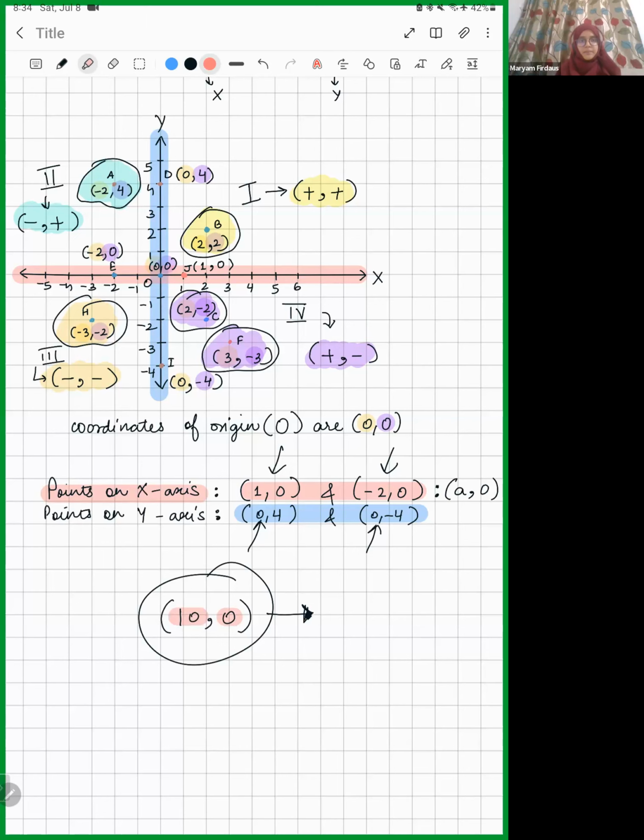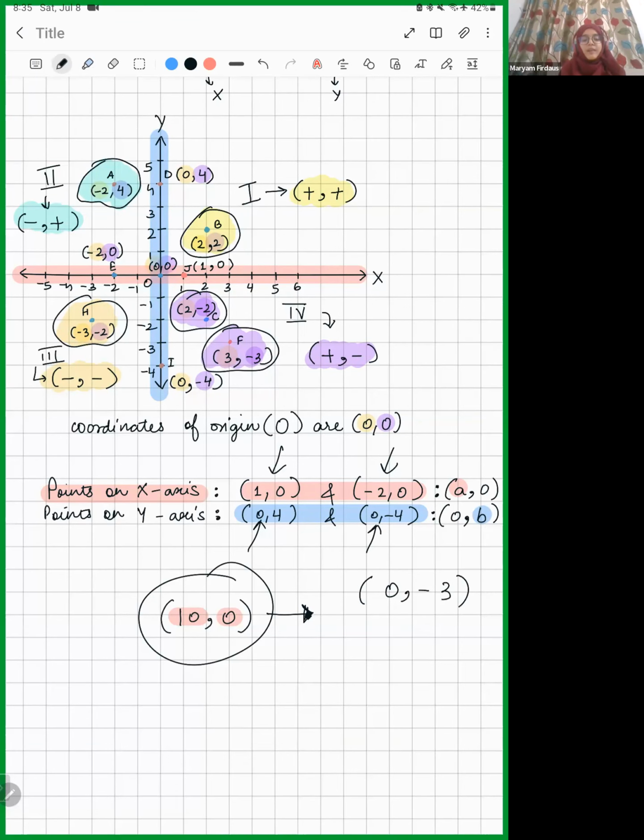Okay. So similarly, you can notice the same thing about y-axis as well, that points on the y-axis are of the form 0 comma something, right? So let's say 0 comma b. We took a over there, so now here we'll take b. So if I have a point 0 comma minus 3, where will it lie?